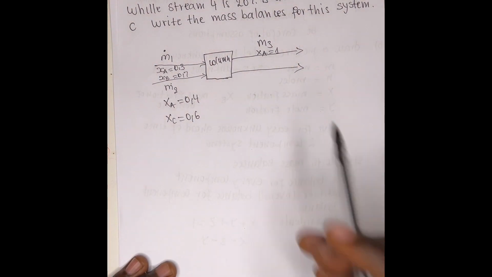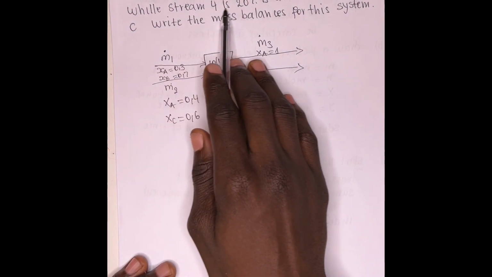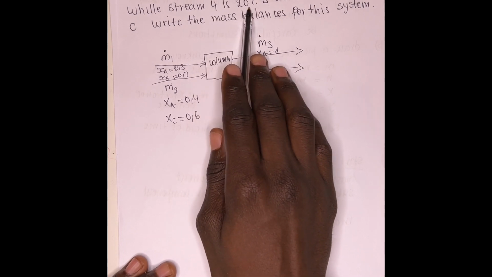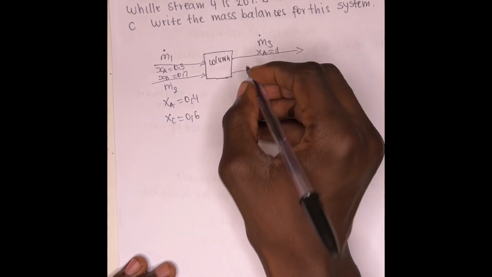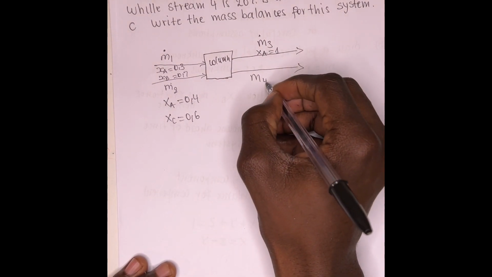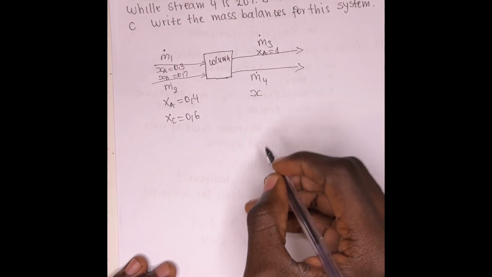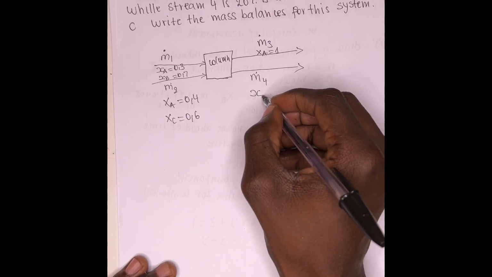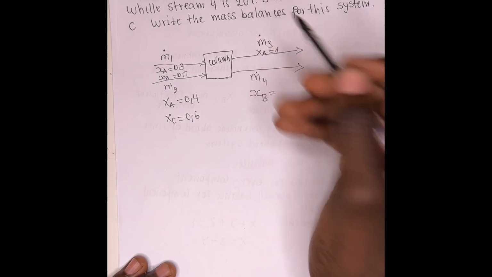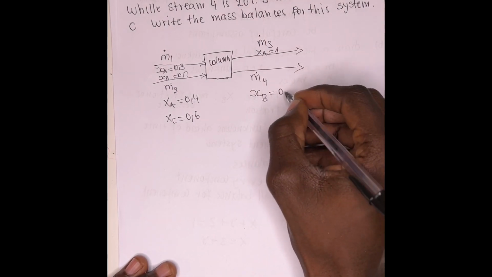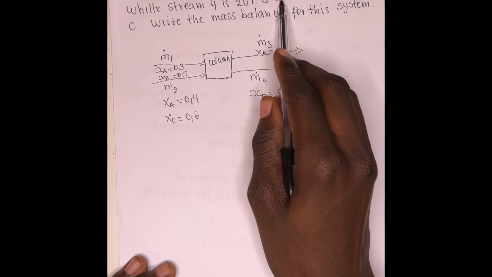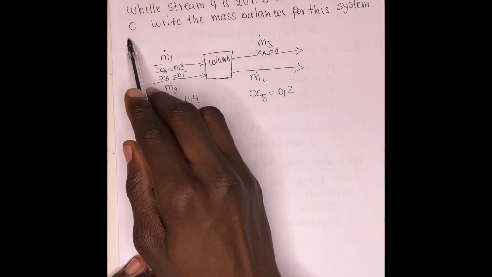You see, guys? And then it says stream 4 is 20% of B. So we're going to have M4 and XB, which is 20%, or 0.2. Now they say the rest is A and C. Guys, can you see?